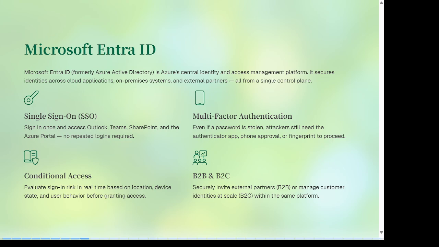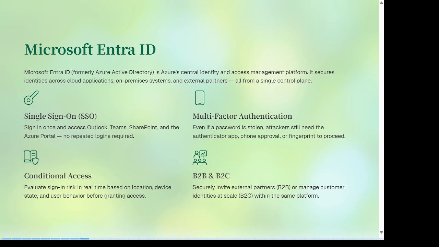Multi-factor authentication. Even if an attacker steals your password, that alone is not enough to access your account. Why? Because Entra ID requires additional verification factors such as a mobile authenticator app approval, a phone call or SMS verification, a fingerprint or biometric scan.